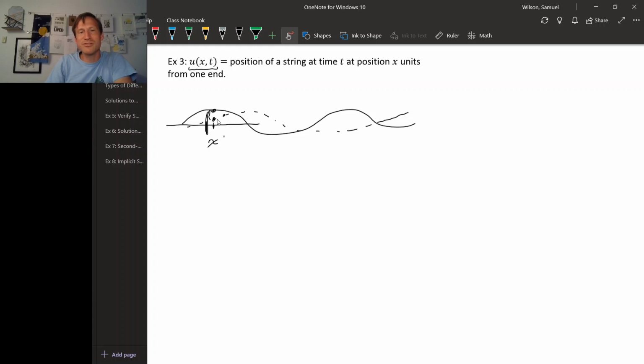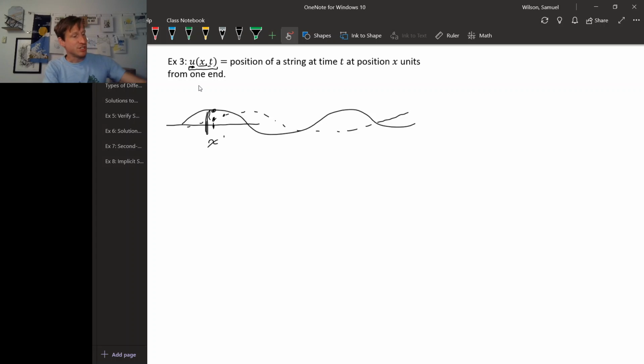So to know where the string is, you have to know not just where you're watching it, but also what time it is. And that's why this function u, that is the position of the string, has to be a function of two variables, position and time.